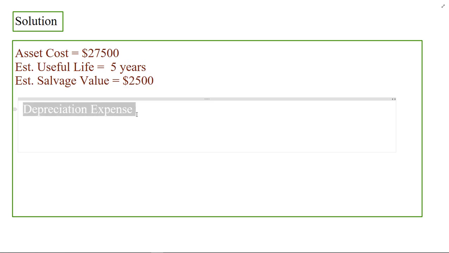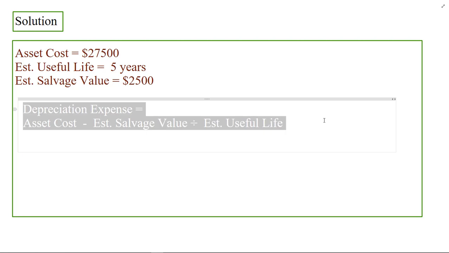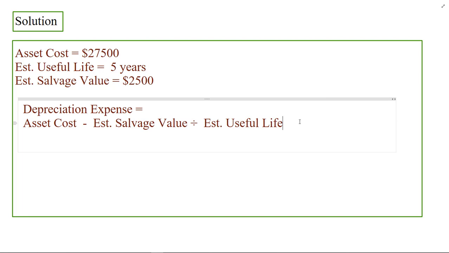All of you know that the depreciation expense formula is equal to asset cost minus estimated salvage value divided by estimated useful life of the asset.